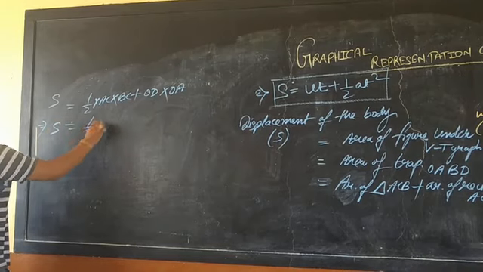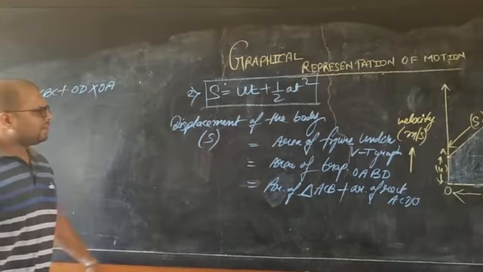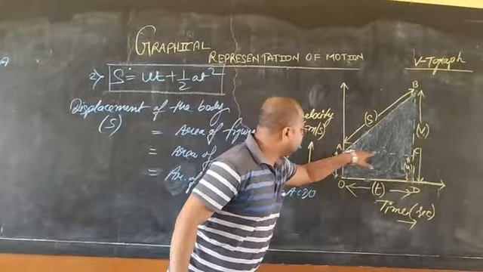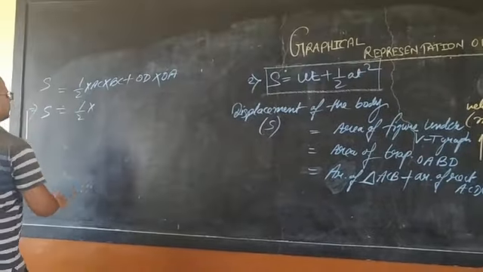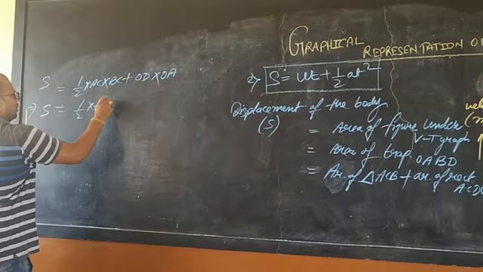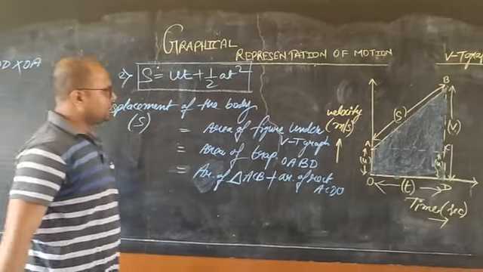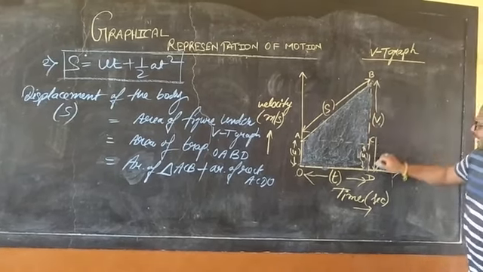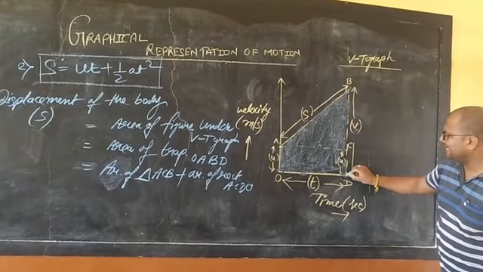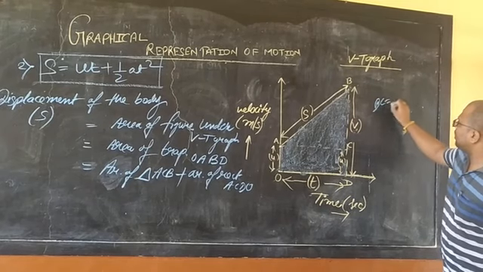Let's put the values. AC. What is the value of AC given here? AC is parallel to this OD only, so we will write T. What is BC? Students, very carefully. BC. We have the value of BD. We have the value of CD. So BC is equal to what?